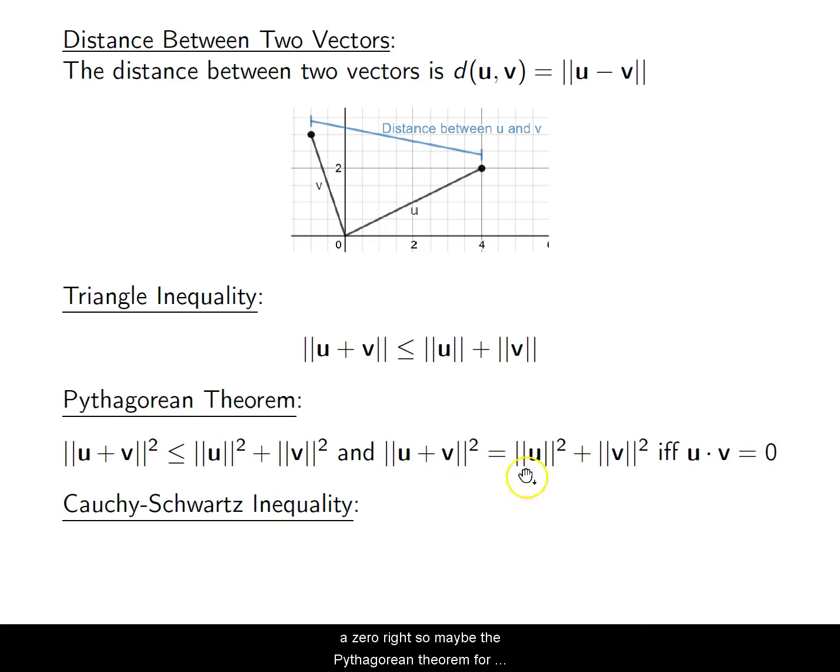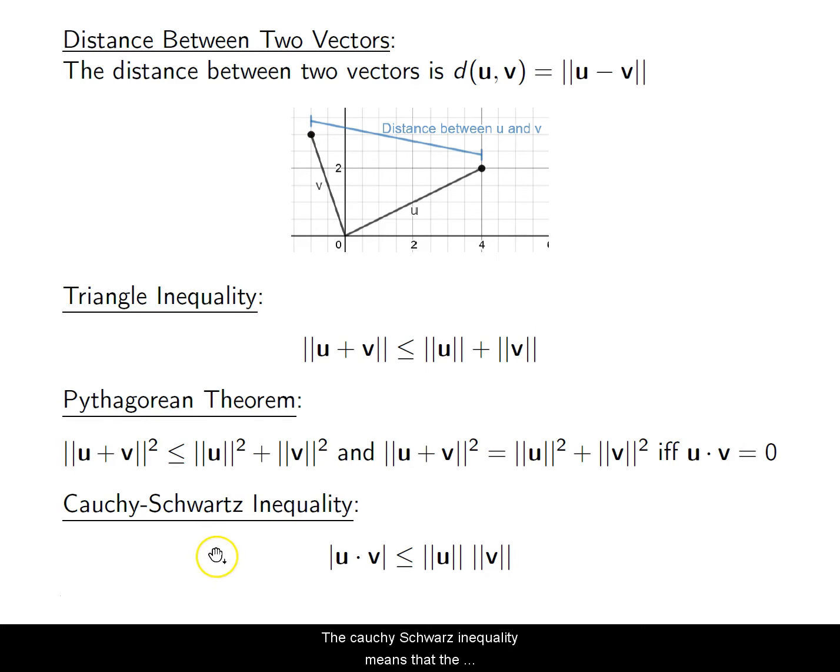Remember, the Pythagorean theorem for right triangles is always equal. Again, these are things you should be familiar with from standard geometry and algebra, but applied to vectors.